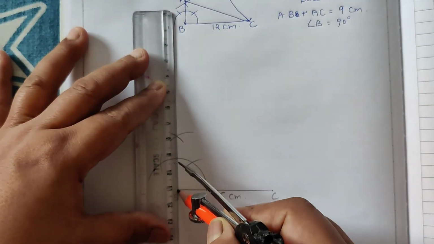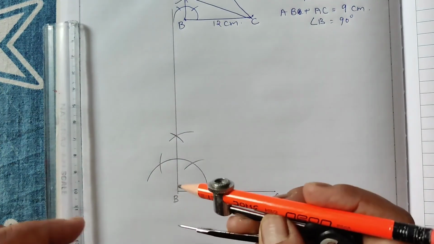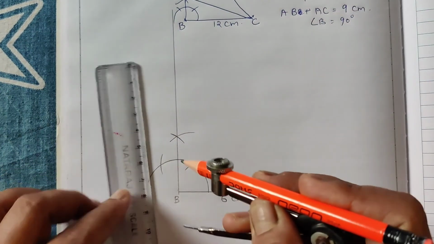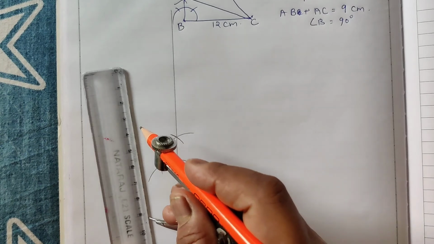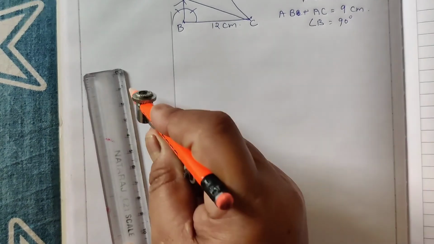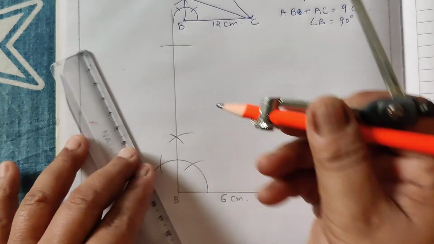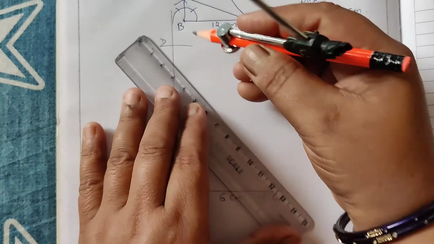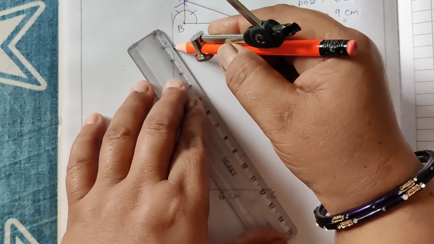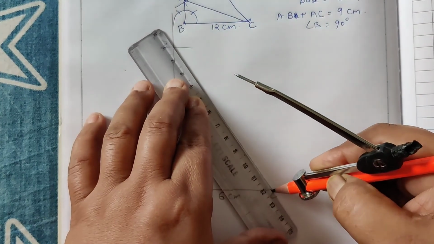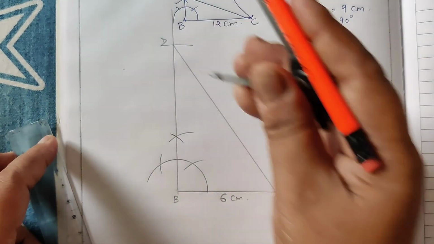This is a line. Now cut 9 centimeter. This is 9 centimeter. This point is D, and join CD and perpendicular bisect CD.